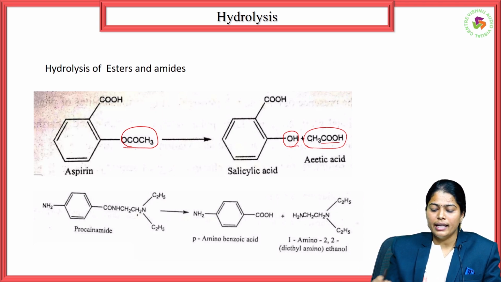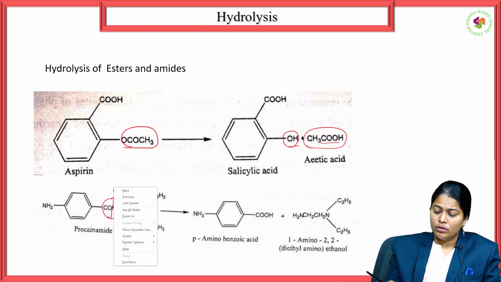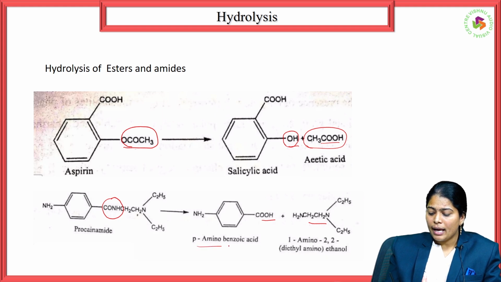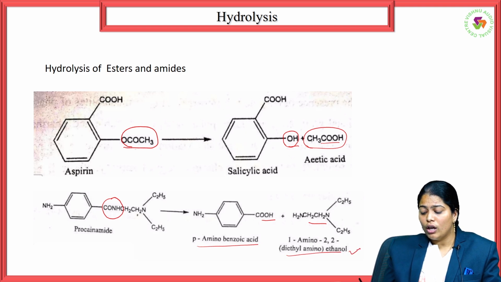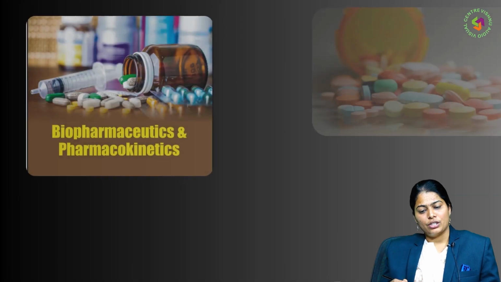Here one is salicylic acid and another is acetic acid. See here in procainamide, the amide group, CONH, is broken down into COOH and NH2, which is para-aminobenzoic acid and 2-diethylaminoethanol. So one alcohol and one acid are formed. These are the two examples for hydrolysis reactions.